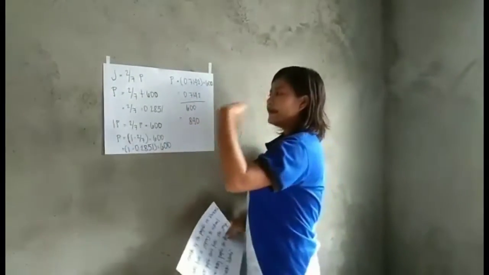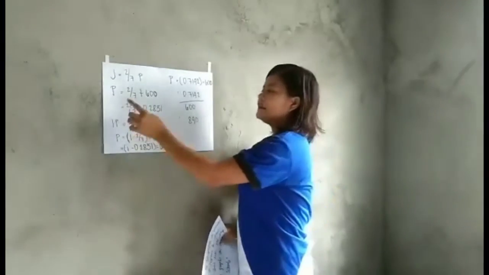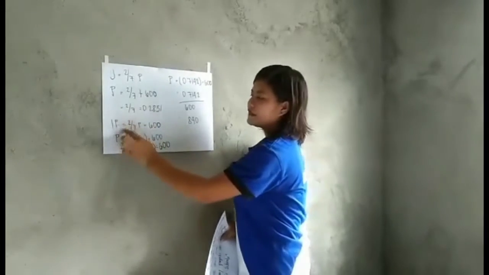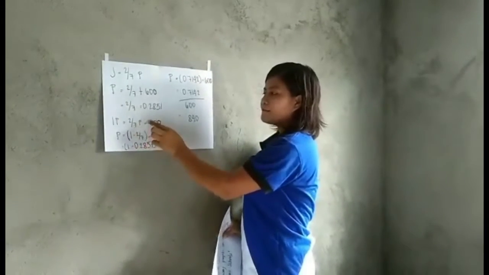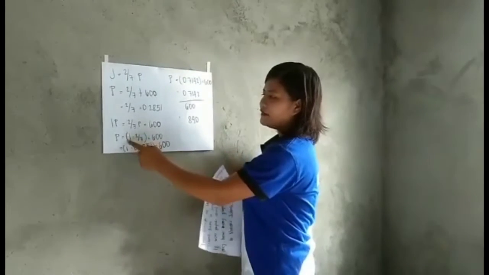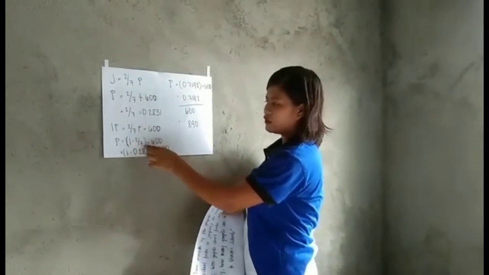So, gagawin natin siya into decimal point. Paano? I-divide natin si 2 sa 7. Ayan. 1p is equal to 2/7 is equal to 600. So, ayan. Dito na, kukuha natin si 1. 1 minus 2/7 is equal to 600.